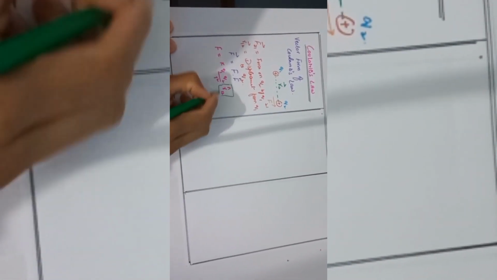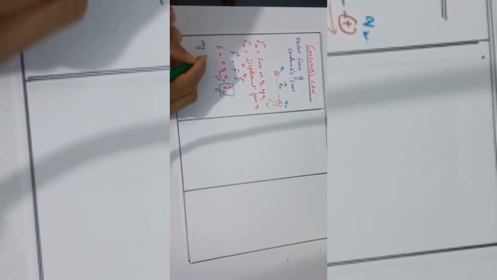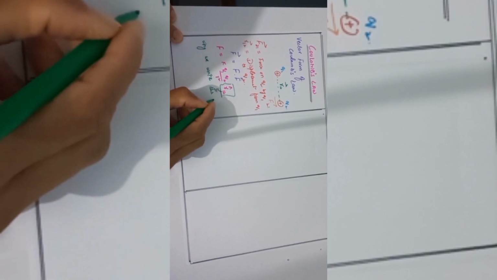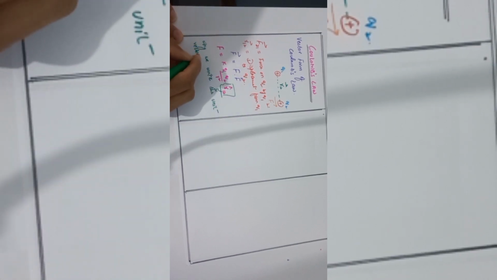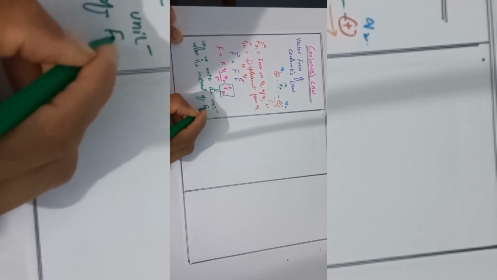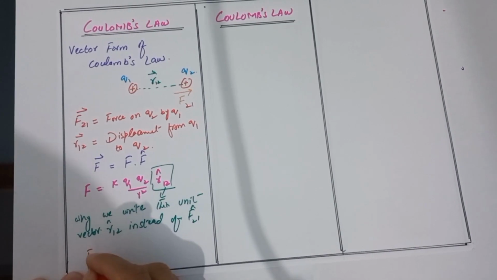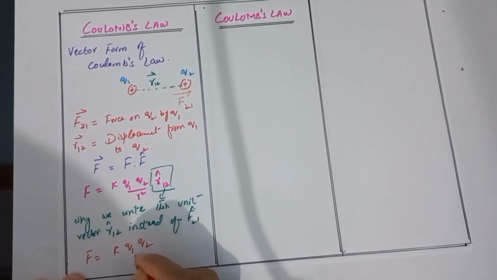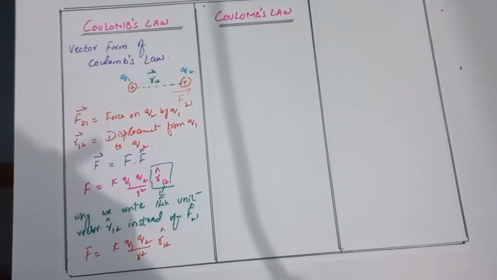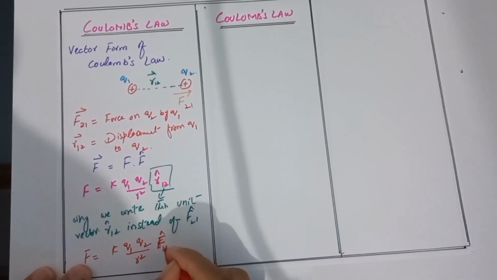Here the question arises, why do we write the unit vector R12 instead of the F21 unit vector? Oh, sorry, instead of R12 we write F21.